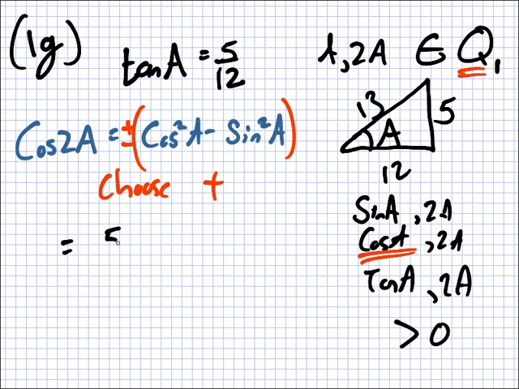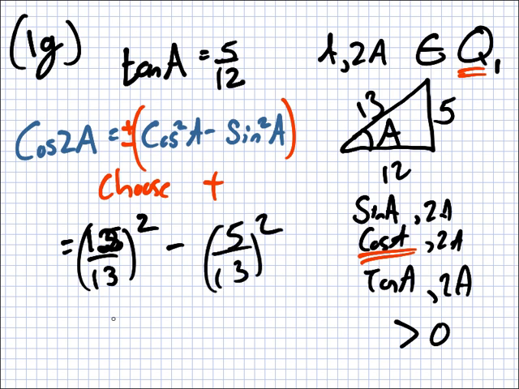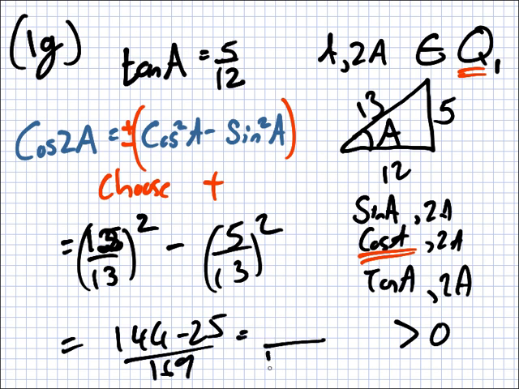Cos A is 12 over 13 squared, minus 5 over 13 squared. So that's 144 minus 25 over 169, which is 119 over 169. That's not so bad, right?